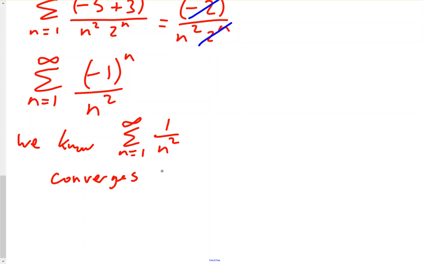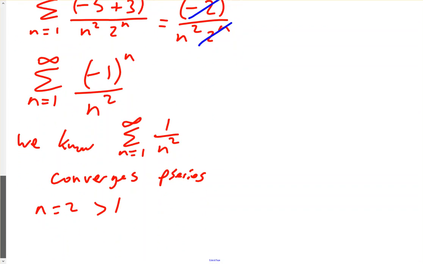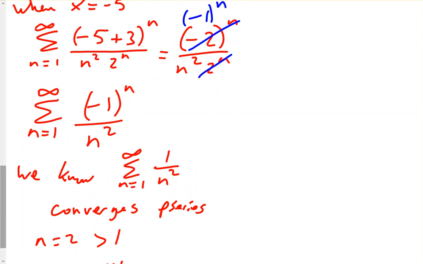It's a p-series, p equals 2, which is greater than 1. So therefore, the series when x equals negative 5 converges absolutely.